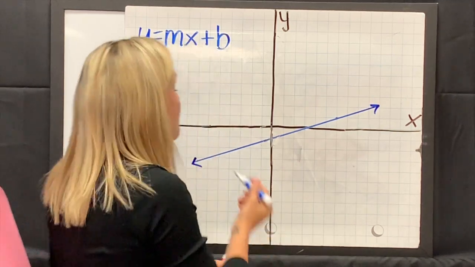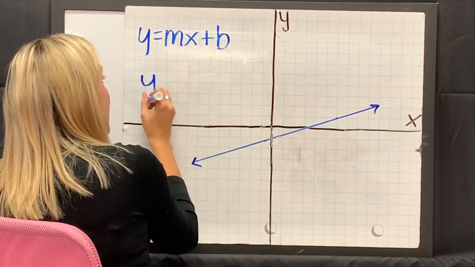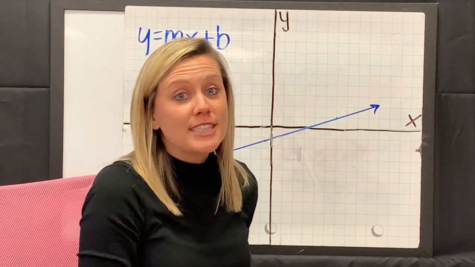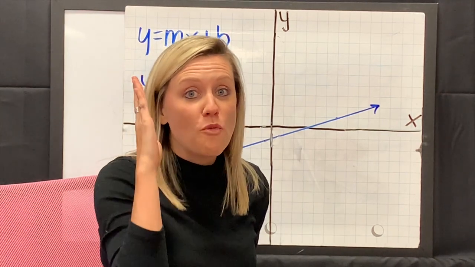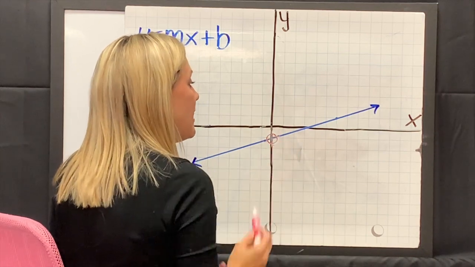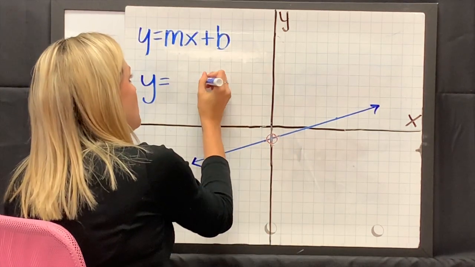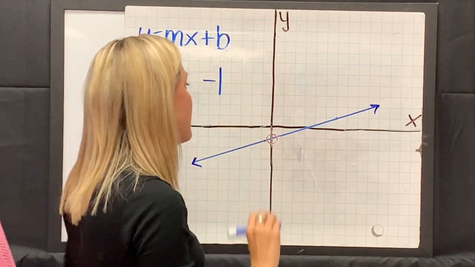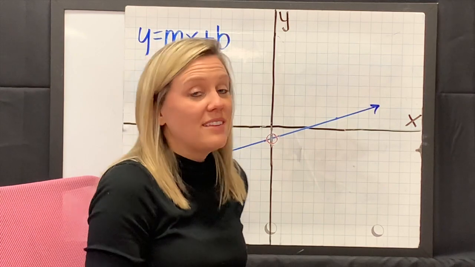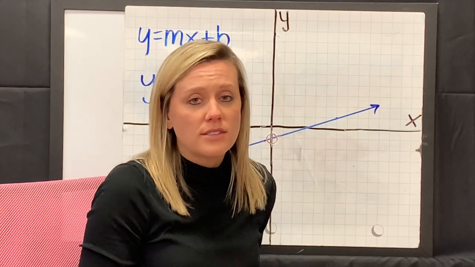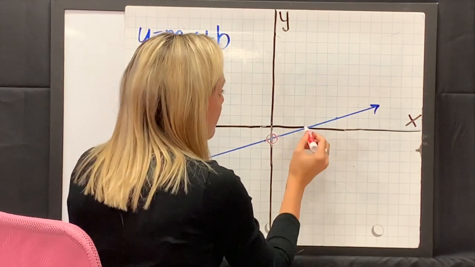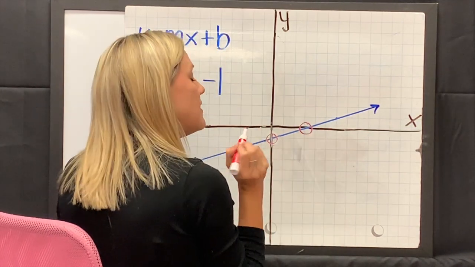So if I start off my equation, I'm going to write y equals, and then I'm looking at my line, and I'm going to circle the spot where my line crosses the y-axis, which is right down here at -1. So that is going to be the number out here. The next thing I'm going to do is circle another part of my line that perfectly crosses a horizontal and vertical line on my graph. And it looks like that for me is right here.